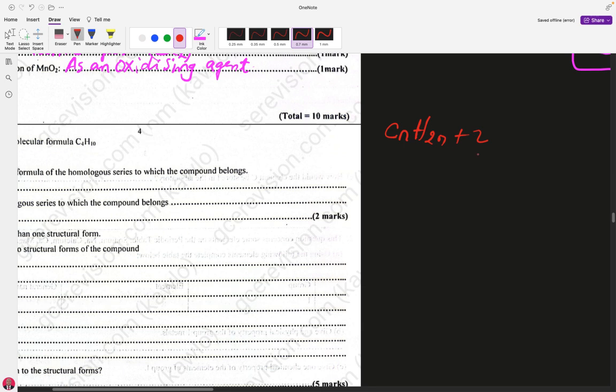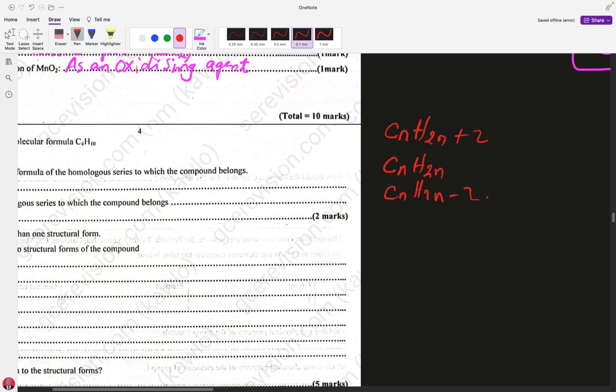If we have CnH2n, we are dealing with alkenes. If we have CnH2n-2, we are dealing with alkynes.